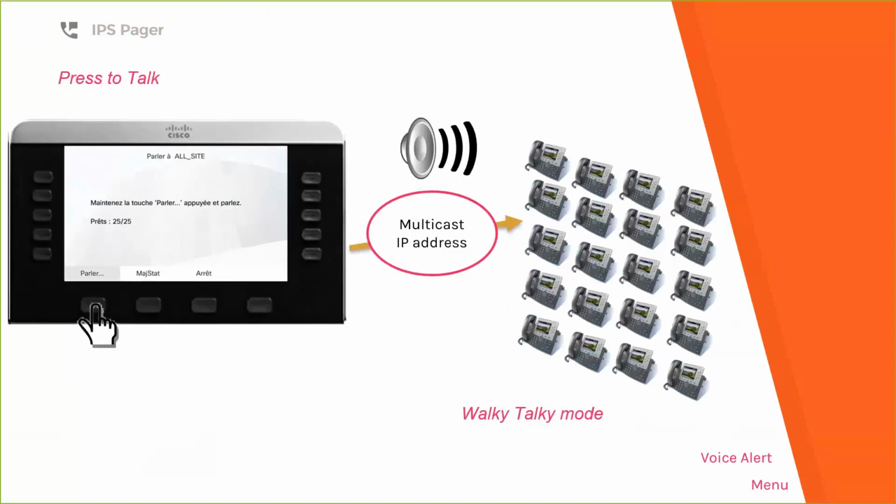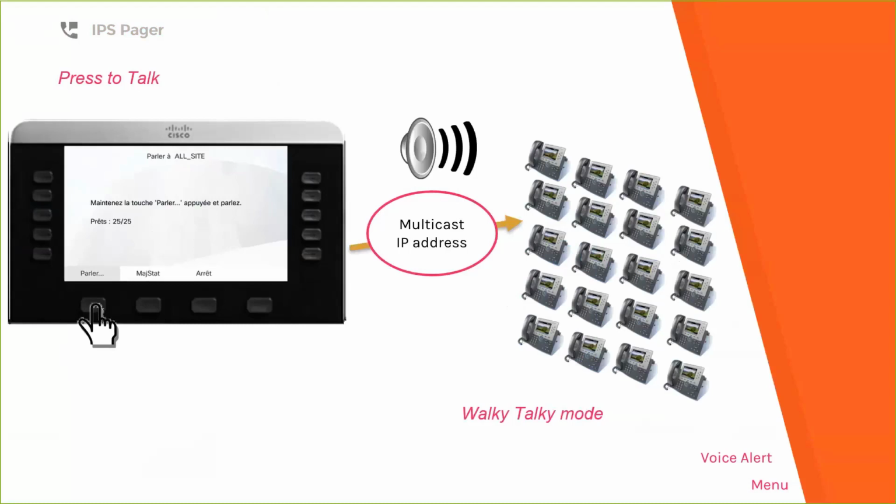The microphone from the calling IP phone is connected directly to the loudspeakers of all the other phones. If somebody is already on a call, he will hear the notification in the headset, but the other party will not hear the notification.